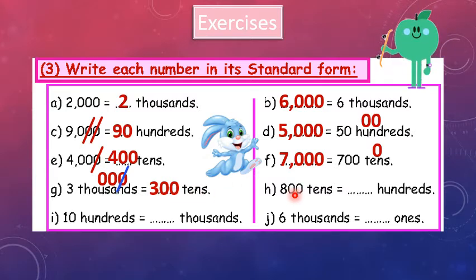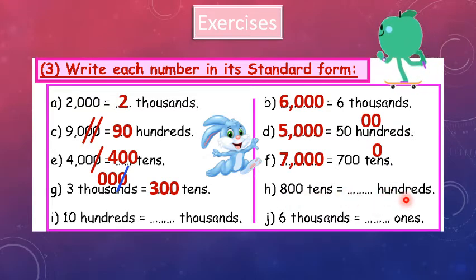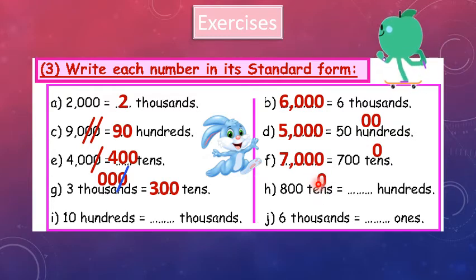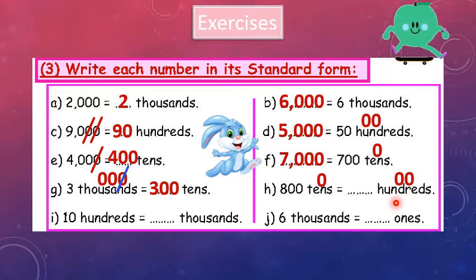Next here we have 800 tens equals how many hundreds? Excellent. Let's go to write down the number of zeros above each letter here. Here we have tens, it will be 1 0 only. Hundreds will be 2 zeros.